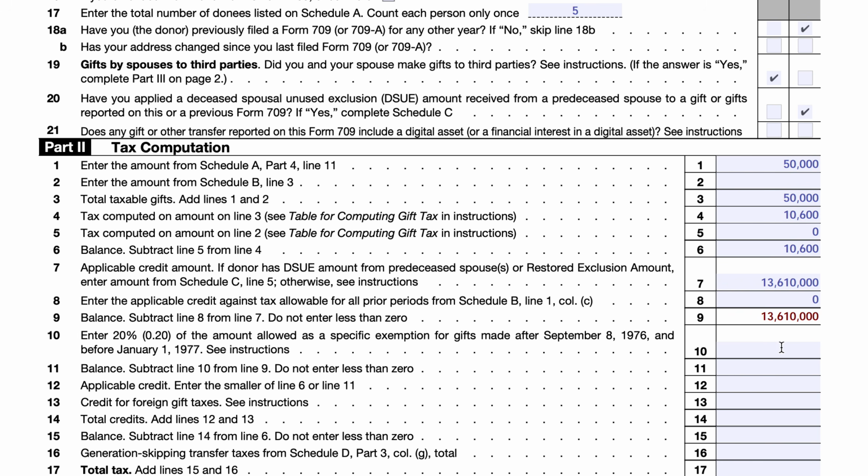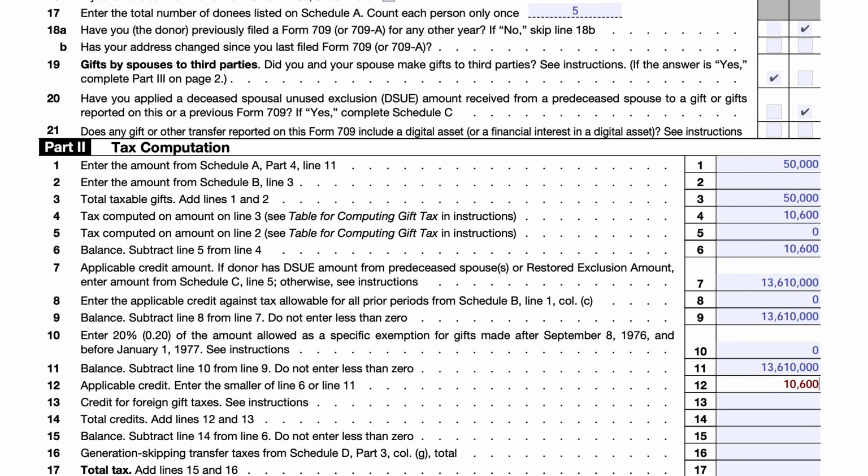We didn't make any gifts during that time frame since this is 2024's tax return, and we are telling the IRS that we never made any prior gifts. So the applicable credit on line 12 is the smaller of either the rest of this or the actual tax liability. So the applicable credit happens to be the $10,600.